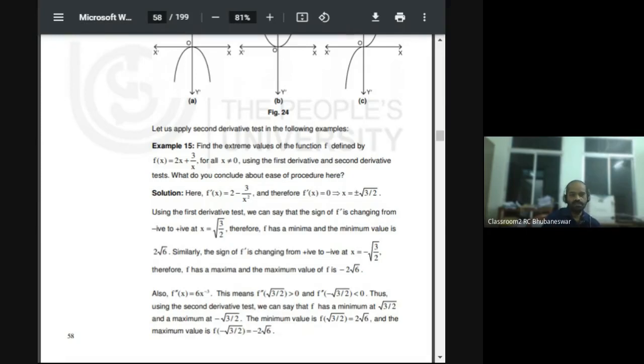Here the function is given as f(x) equals 2x plus 3 by x, and the function is defined for all real numbers except x equals 0. The question is to investigate whether the function attains its maximum value or not at the critical points.